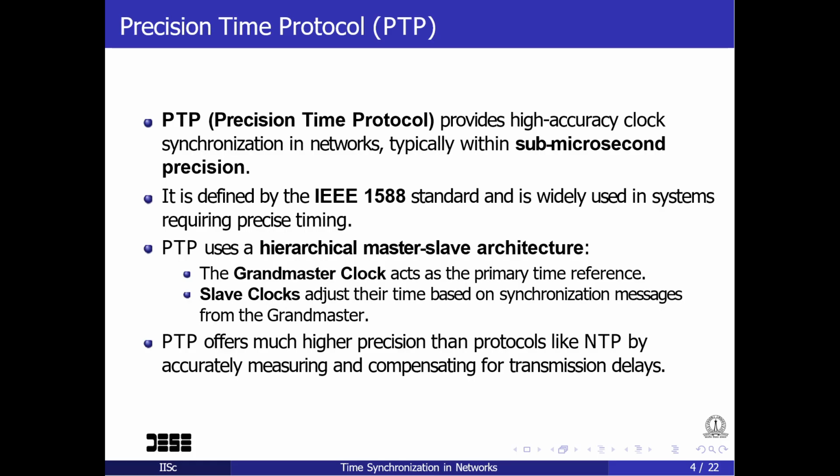The duty of the master clock is to send some messages to the slave clock, and by means of some time stamping mechanism the slave clock will try to adjust to the master clock. That's what the whole of PTP does. Earlier we used to have NTP, but PTP offers much higher precision than NTP.